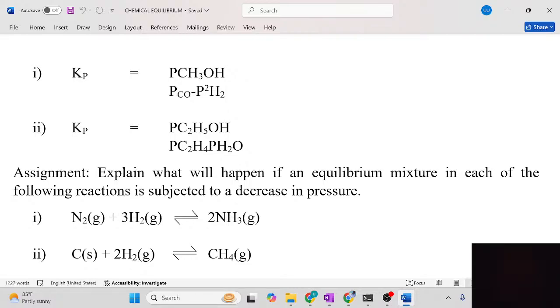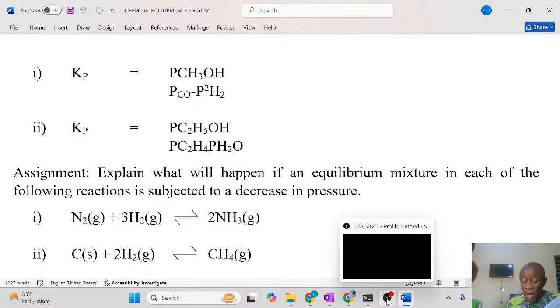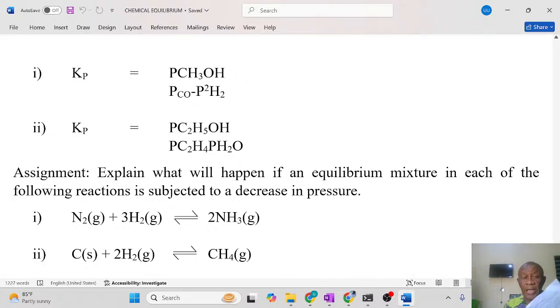So we have seen the forward reaction and the backward reaction, and what happens at equilibrium. We have seen the case of 2NO2 gas giving N2O4.